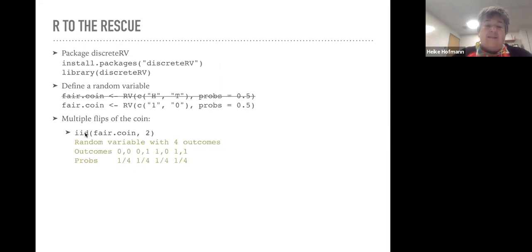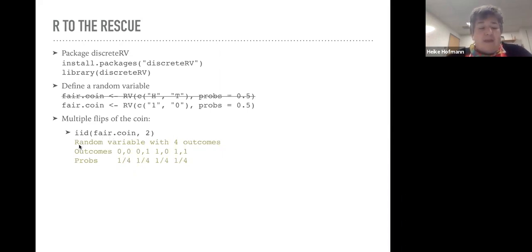So IID stands for independent and identically distributed, which is shorthand for something that we'll see later on. Here we use it as multiple flips of the same coin, so the second coin flip is not informed by the first coin flip, so it's an independent coin flip.